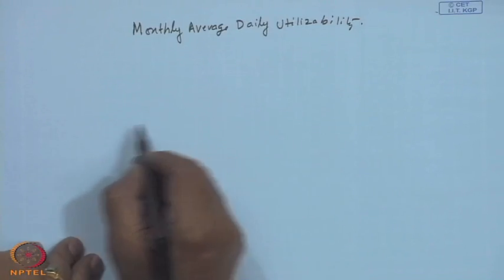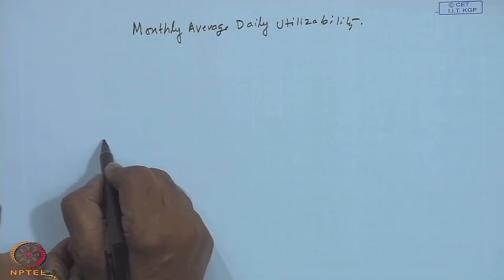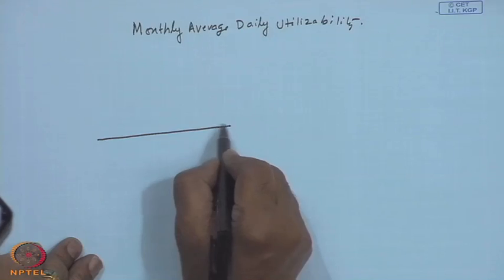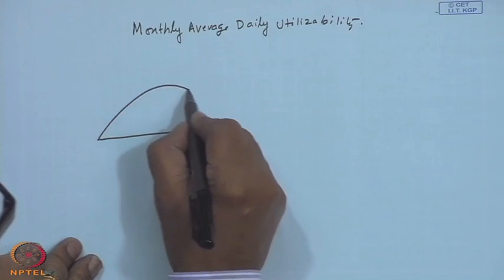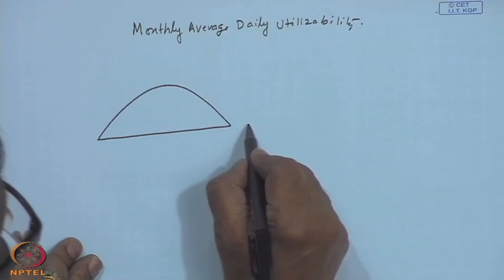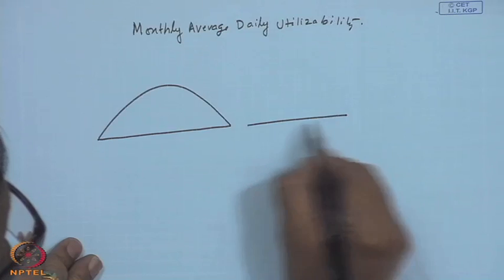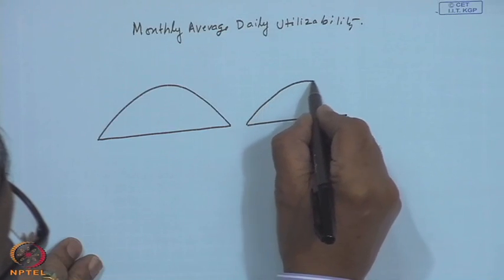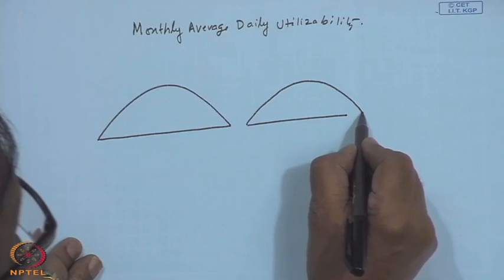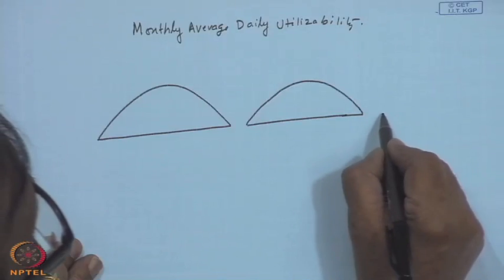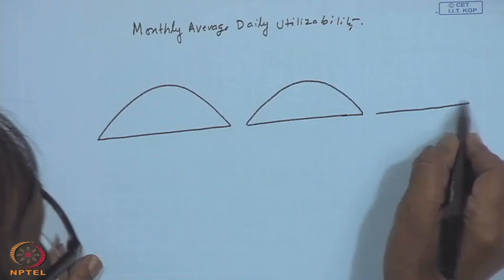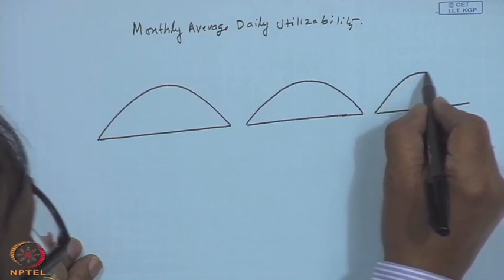Now, first let me consider 3 typical days in a month, just to bring out certain features I wanted, so that you will develop an understanding of what is utilizability and what sort of a function it is.